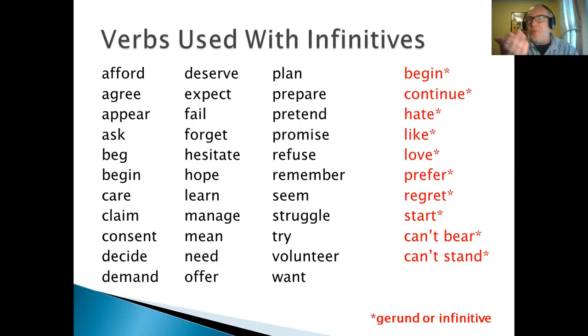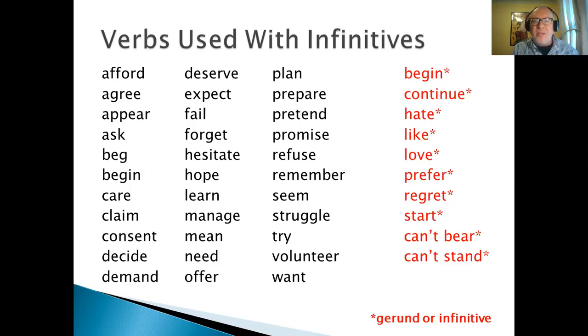So, for example, the first word, begin. I could say, it began to rain. Or I could say, it began raining. No problem. Continue, same thing. I continued to work. I continued working. No problem. So all those verbs in red, gerund or infinitive, not important.